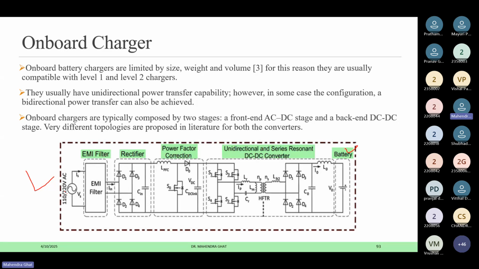How many DC-DC converters can you see here? Anyone? DC-DC converter I am asking, which we have learned now. Anyone? Let it be wrong, you can answer it.